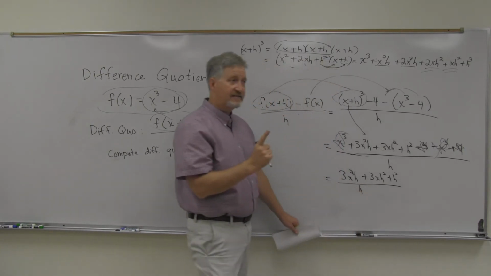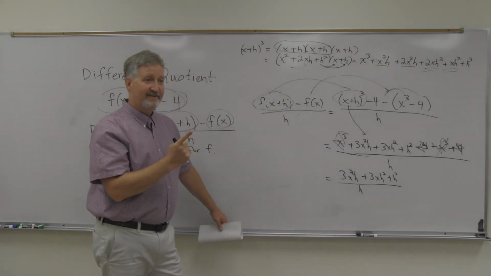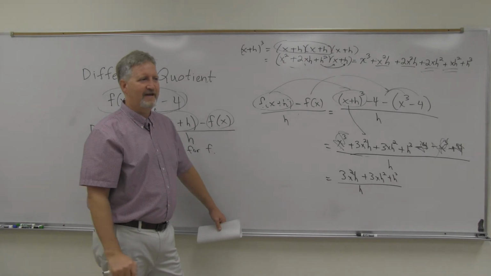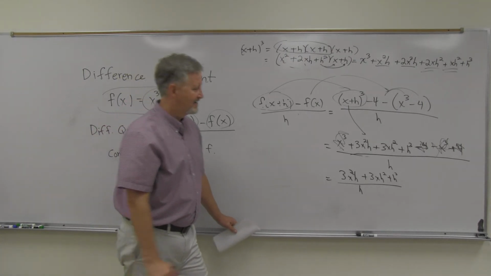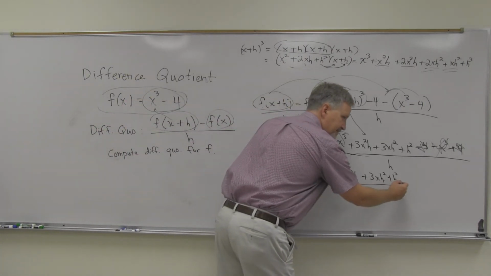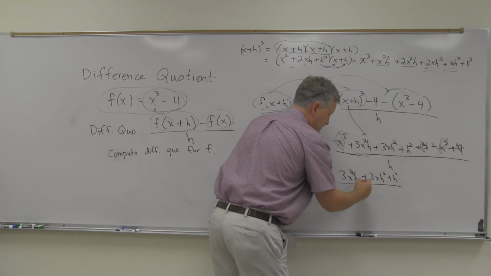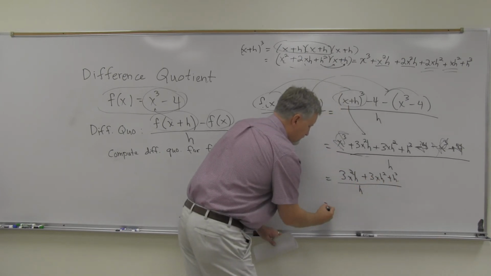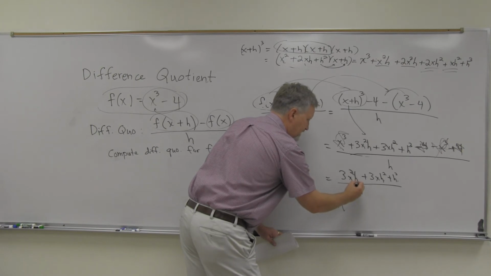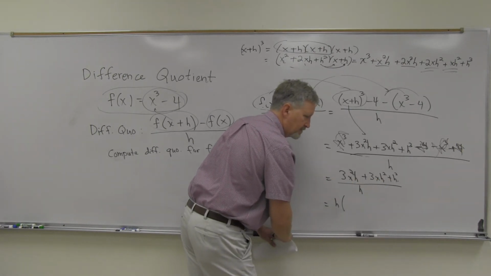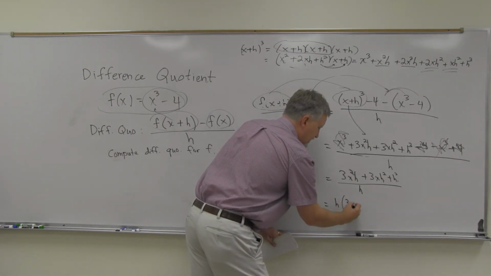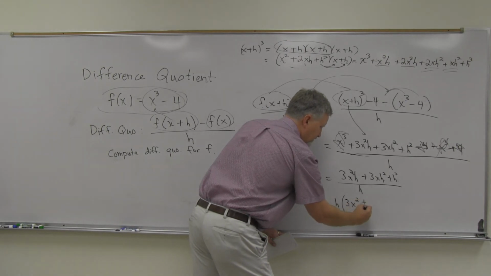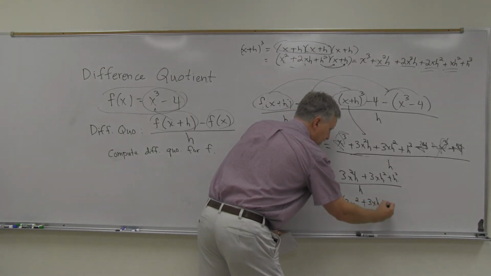Even better, we can still do some more simplifying. Because what do you see? A common factor of h on the top. All these have an h in them, so we can pull an h out of the top. That'll give us h times, in parentheses, 3x squared plus 3xh plus h squared.